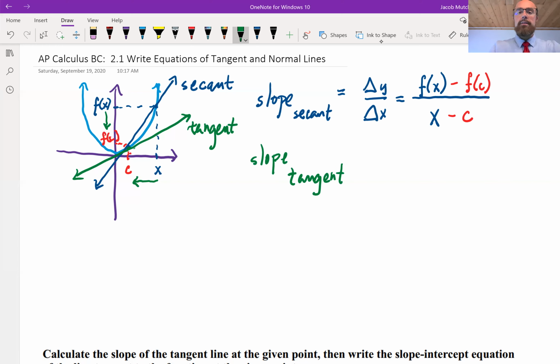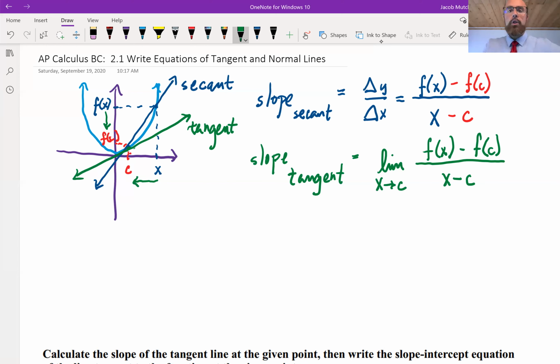So the way that we define the slope of the tangent line is the limit as x approaches c of this slope fraction. And it's the same one we used up here for the slope of the secant. So it'll be f at x minus f at c over x minus c. And that is really our definition for the slope of a tangent line at a certain point.